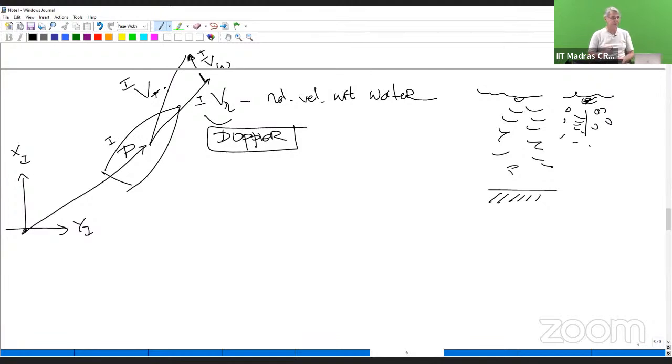I already mentioned this to you, right? So remember the video I showed you, the aircraft trying to land. So it's exactly the case. I mean, if you are flying in this direction, there's the runway, there's wind, which in this case is the water, and then it's going like that. All right.